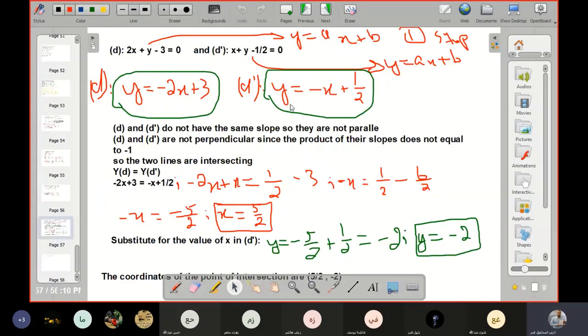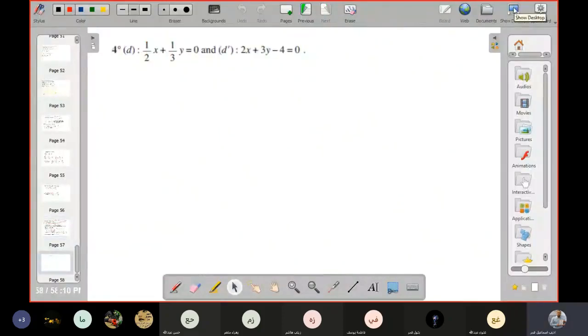In part 3, the two lines were not perpendicular, not parallel, so they are intersecting. We calculated the point of intersection, which was 5/2 and minus 2. Now we still have part 4 to do.